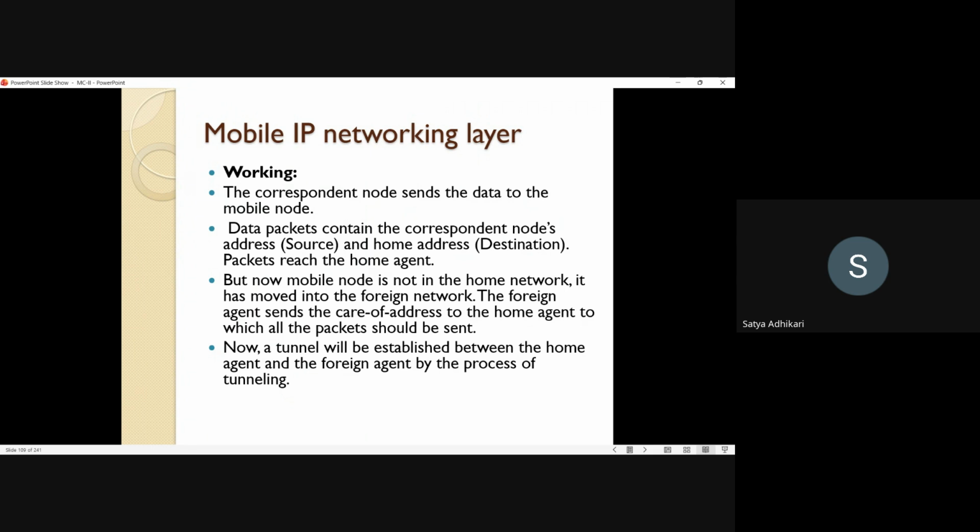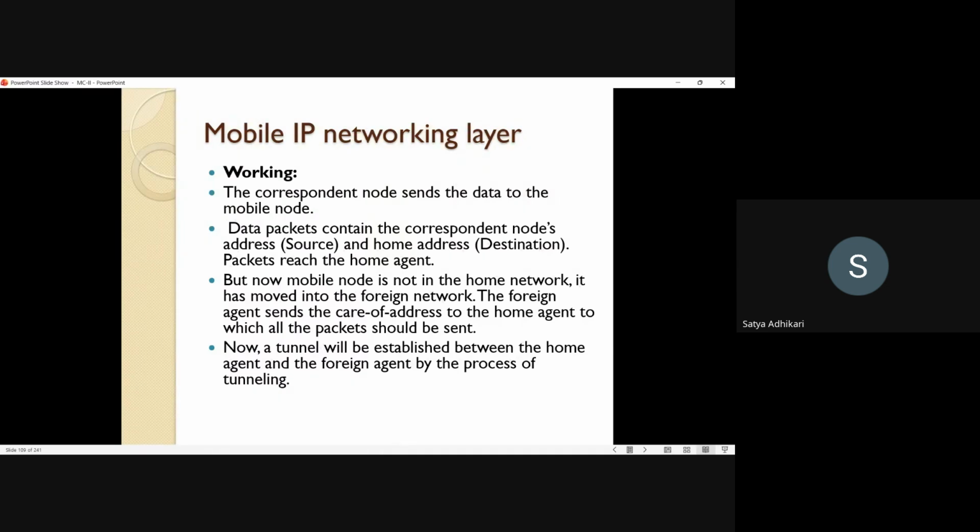Suppose when we are sending a letter via post office, you have to write the destination address and also the sender address. Besides the data, the packet contains the sender address and receiver address.